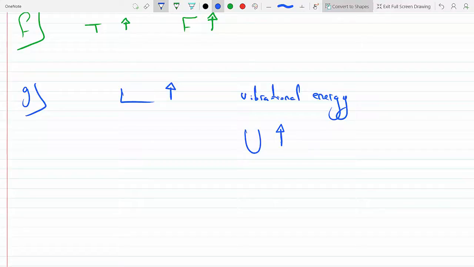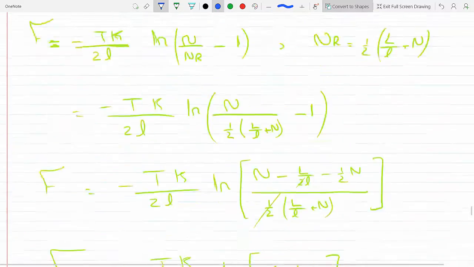There's going to be an increase due to that vibrational energy in the internal energy of the rubber band, and of course, if this goes up, the temperature also has to go up, right? Because of that added entropy as a result of that extra vibration of the molecules, giving rise to additional internal energy inside the rubber band, and the T will increase.